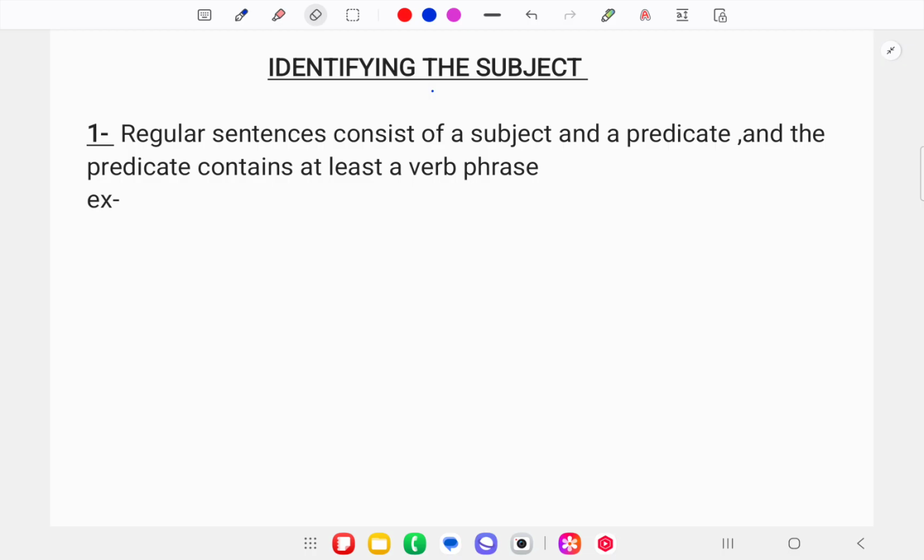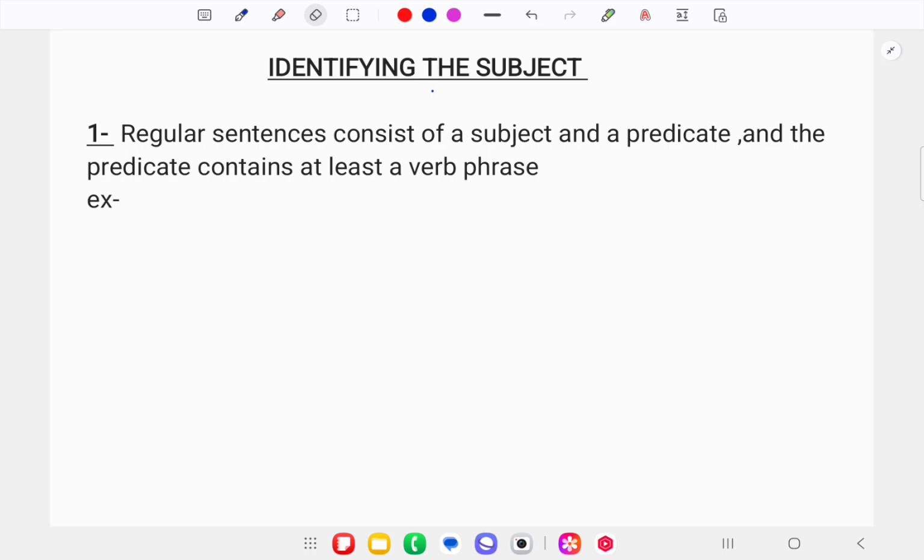A person who is learning grammar from basic levels has to face many issues or problems to identify the subject, verb and object. So in this lecture especially we will talk about what is a subject and how to identify the subject, what are the steps to identify the subject and what are the grammatical features of a subject.